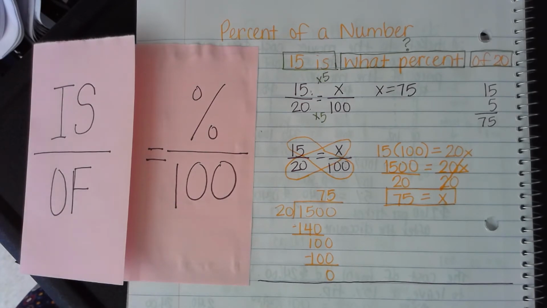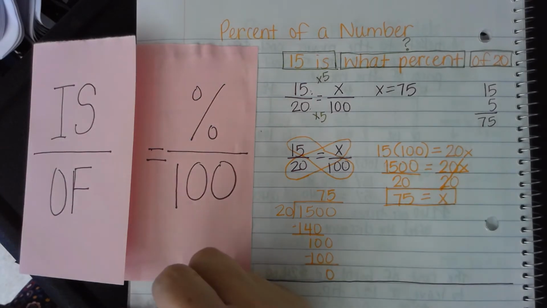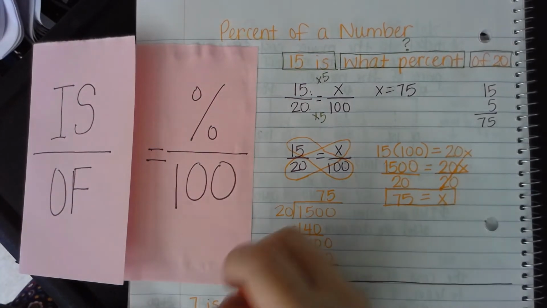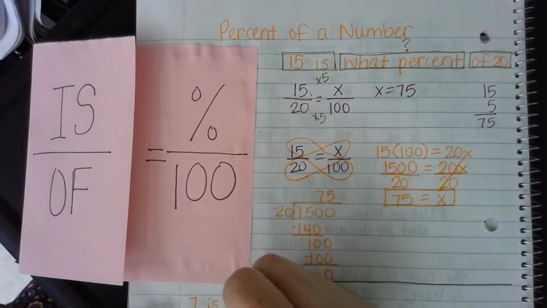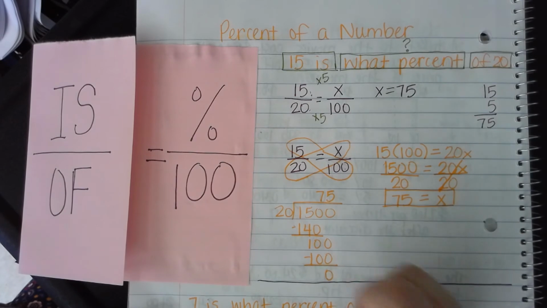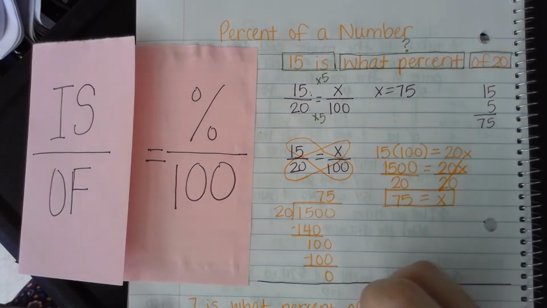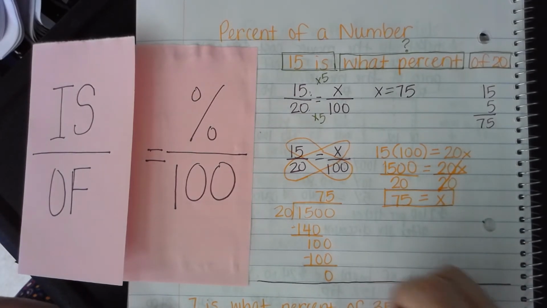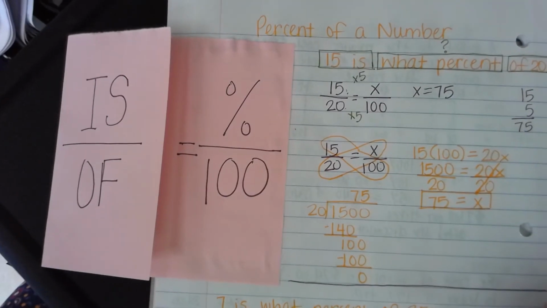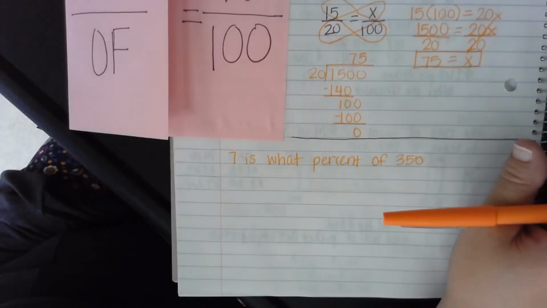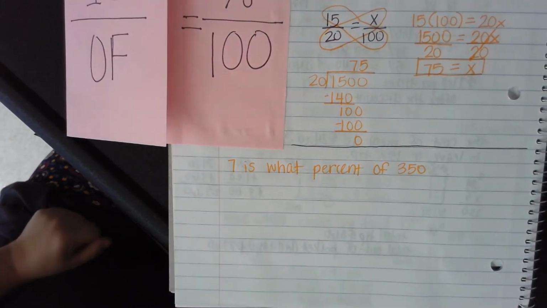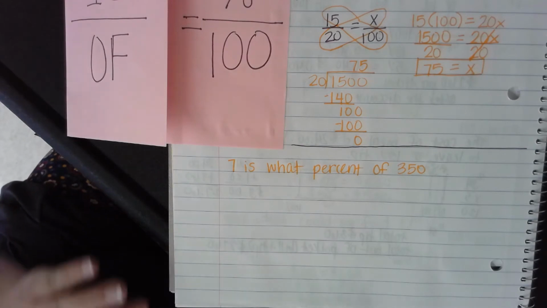Okay, the next one I want us to do is 7 is what percent of 350? Oh, I'm sorry, you can't see that. There we go. 7 is what percent of 350? Right?